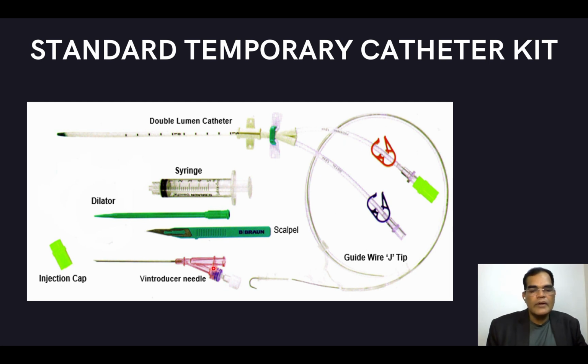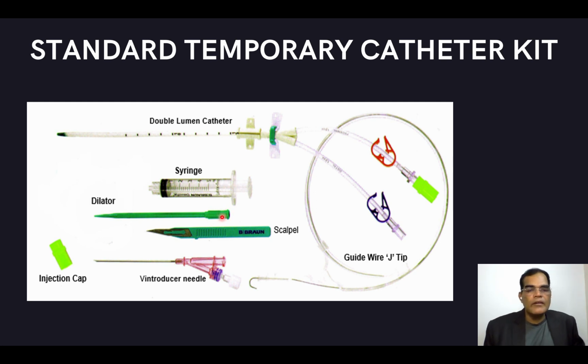Once the guide wire is introduced to the desirable level, the introducer needle will be removed, and with a scalpel blade, a small incision is made on the skin. Then through the guide wire, a dilator is introduced. There are again different types of dilator available.